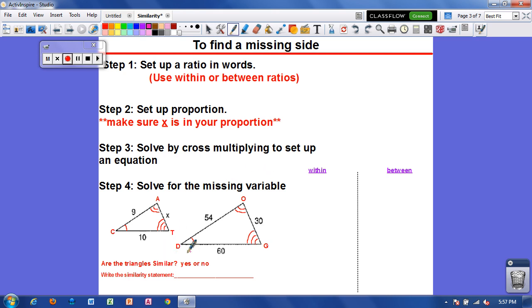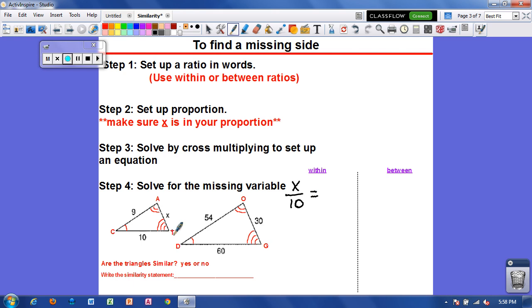So let's look at these two triangles right here. Now, we want to know if they're similar, but we can figure that out after we solve for x. So let's start with the within ratio. So I am going to take this triangle here. I'm going to take the x, and I'm going to put it over the bottom, which is 10. So I'm going to take x over 10.